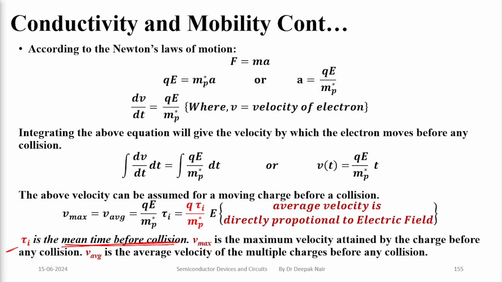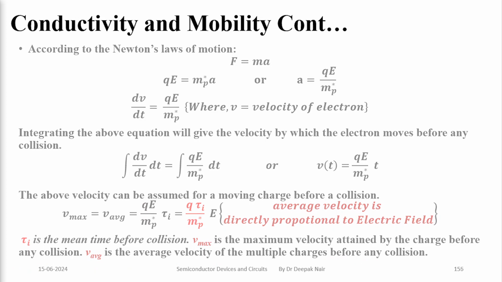For multiple electrons, v max is the maximum velocity attained by a charge before any collision. V average is the average velocity of multiple charges before any collision.